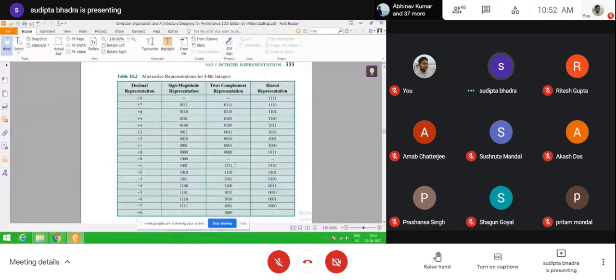The next value bits will be the complement of the binary representation, that is the complement of 001, which is 110, plus 1, that means 111. So minus 1 is represented by 1 for sign, meaning negative, and then 111. So this is the 2's complement representation.